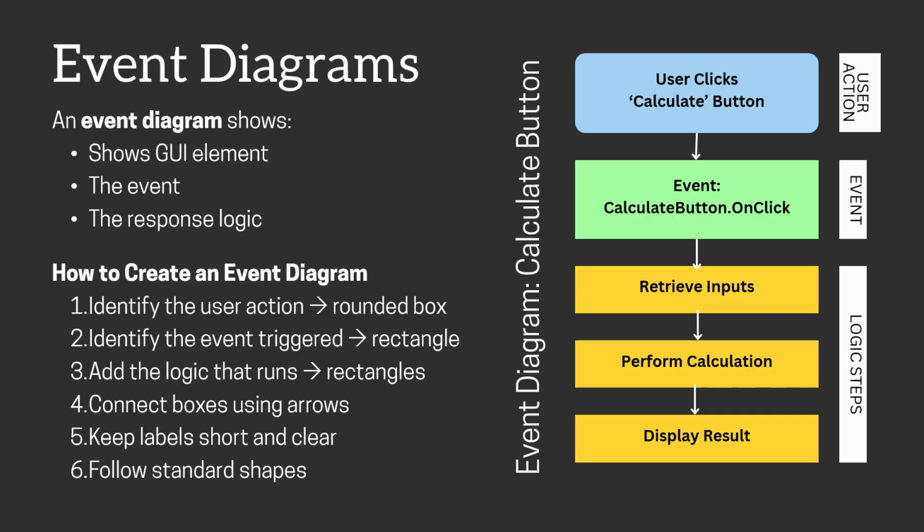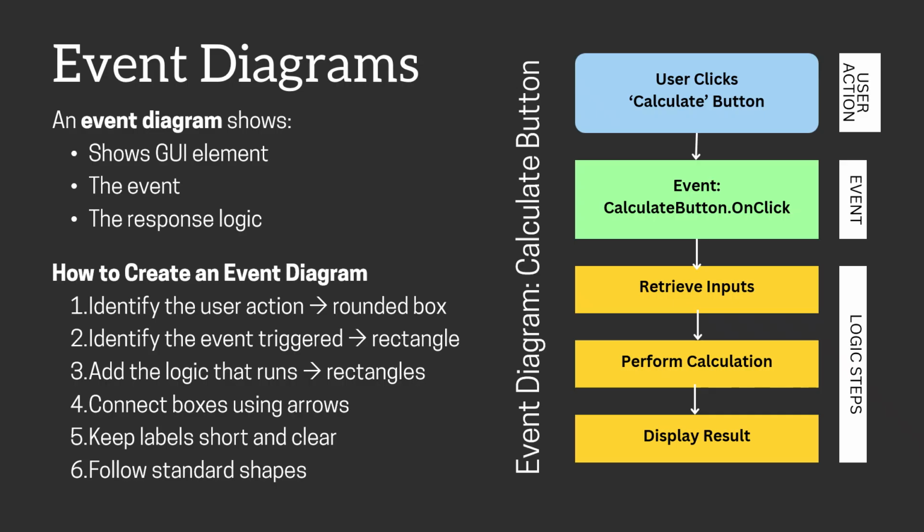Now, to help organize your thinking, developers often use event diagrams. An event diagram is going to show the GUI element, which could be the button, the text box, the menu. It's going to show the event, like the click, the input, the selection, and then it's going to show the logic that should run in response. So imagine, for example, a calculate button on a form.